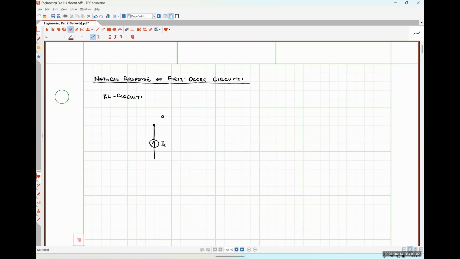And I'm going to have a switch, okay? And so what I'm attempting to draw here is that our switch is closed at position A currently, and it will later on close at position B. And this transition will occur at some time t is equal to 0 when we start paying attention, essentially.